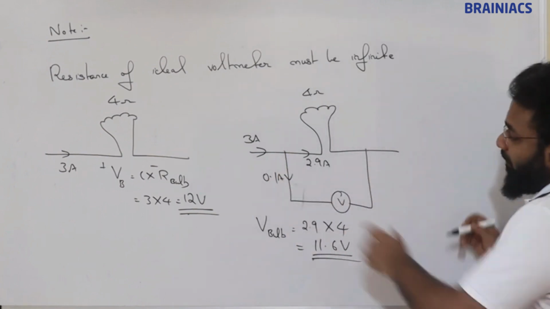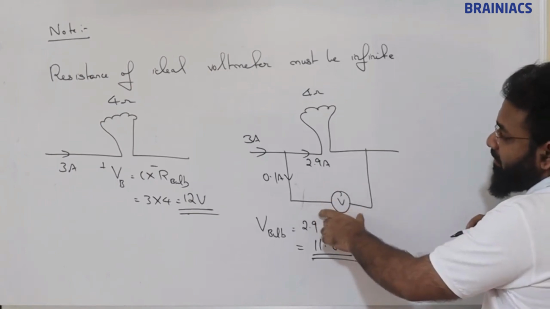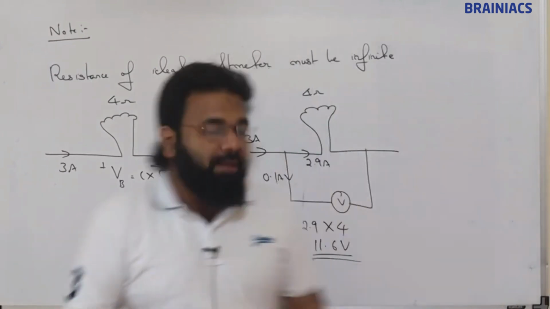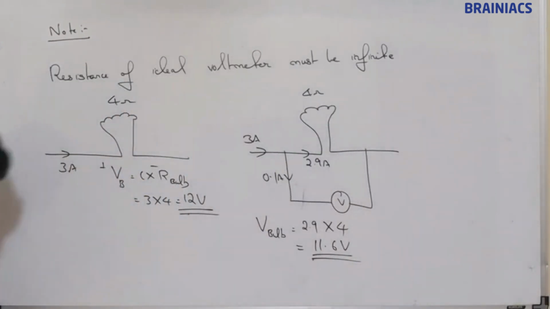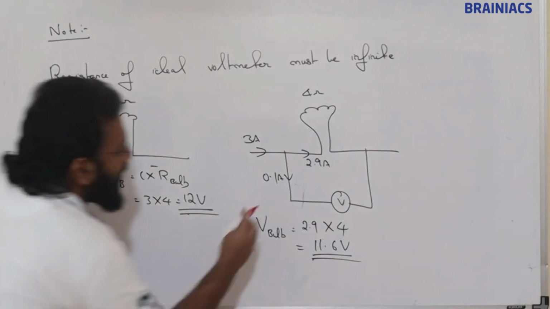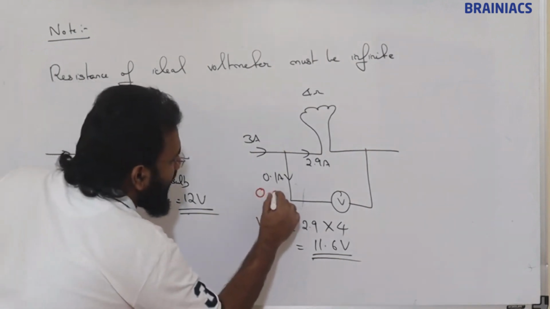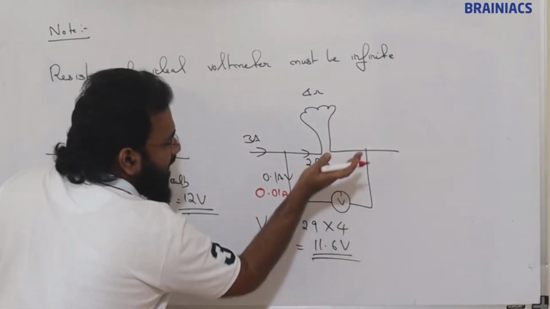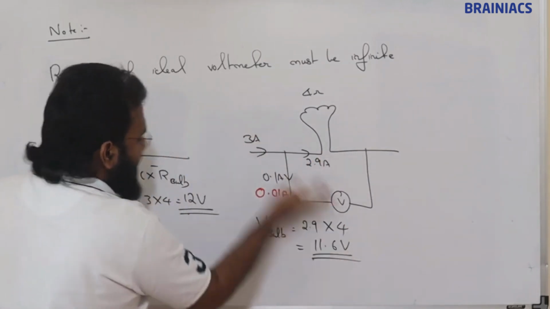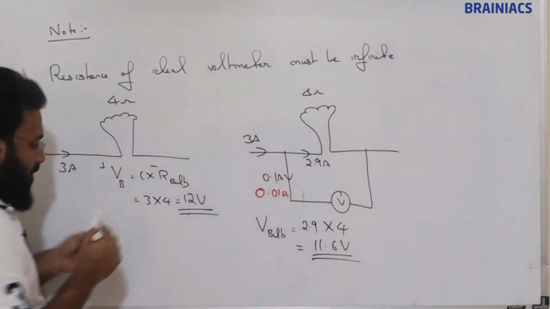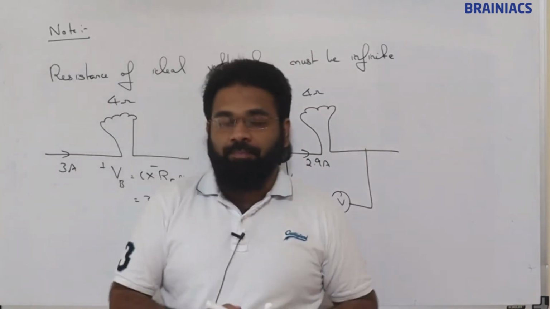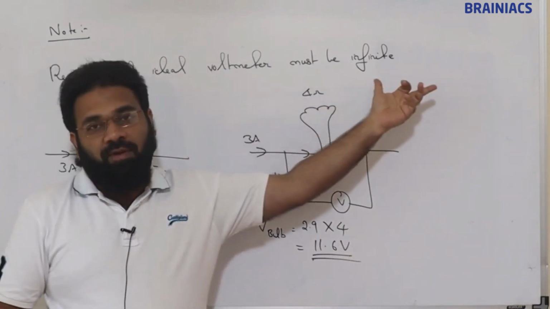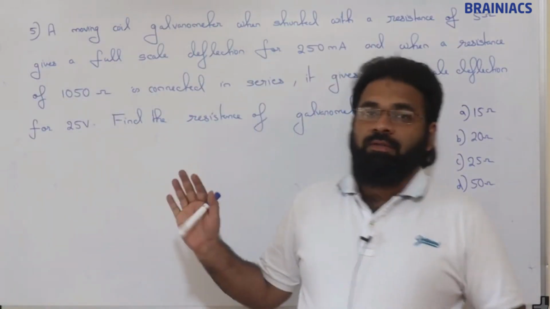Or if we increase the resistance of the voltmeter very high, and instead of 0.1 ampere we are able to make it 0.01 ampere, then the difference between these voltages can be reduced drastically. So the resistance of an ideal voltmeter must be infinite. Clear?